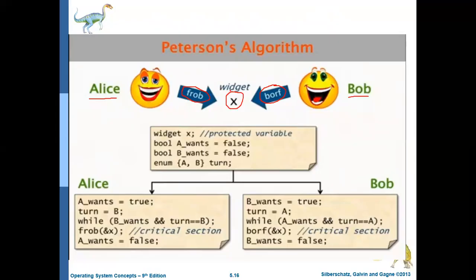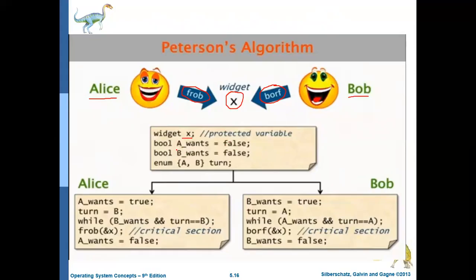So to ensure that x does not become inconsistent, we can use Peterson's algorithm here. Let us see how it works. So x is the shared variable which is commonly shared between Alice and Bob.